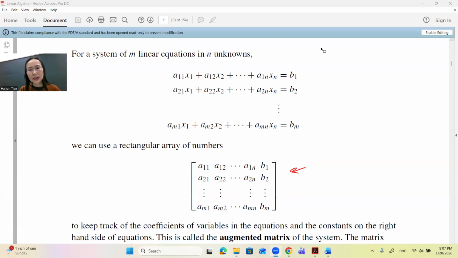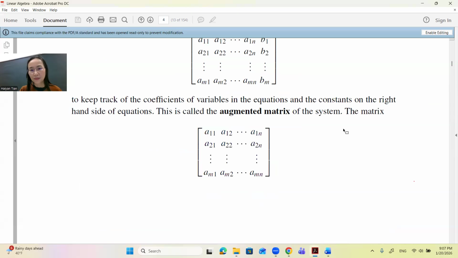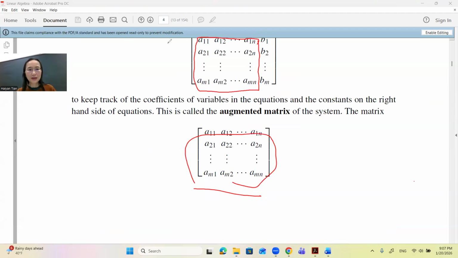So we also can have a coefficient matrix. Suppose I have only this part of the matrix, without including the right-hand side. The only difference is that we take only this part. And then we get this matrix, without thinking of the right-hand side. So this is the coefficient of each variable.